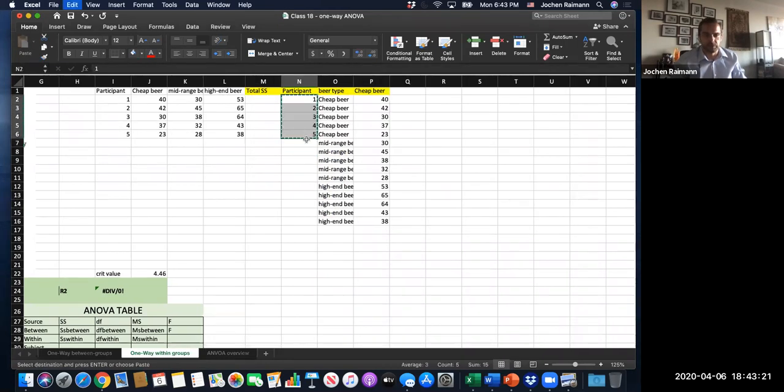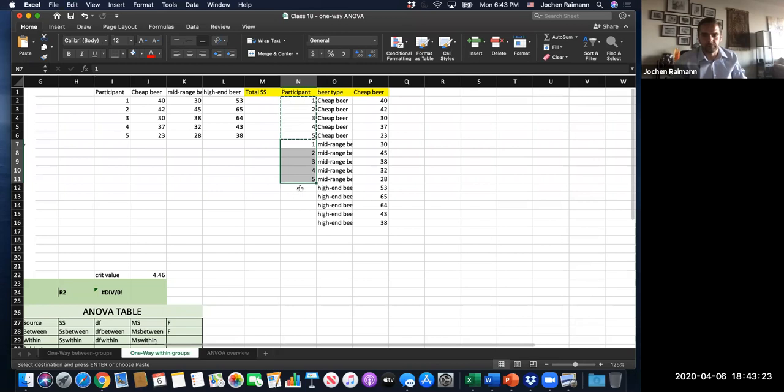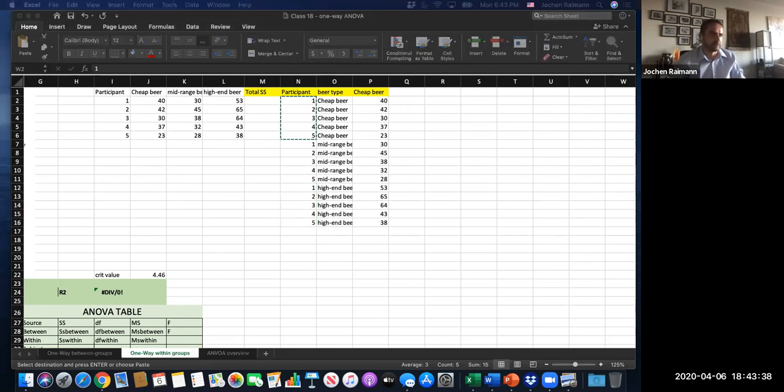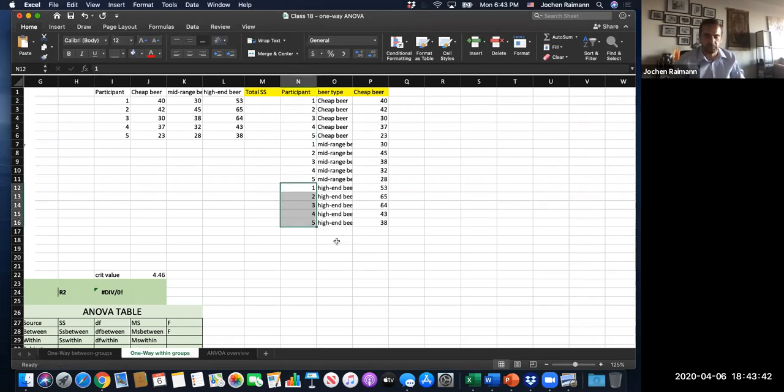So in repeated measures Anova, essentially you have repeated measures for participants 1 to 5, tasting different beers with different scores. And this being said, you do nothing else in the greater picture than what we did in the past for the within between group Anova.